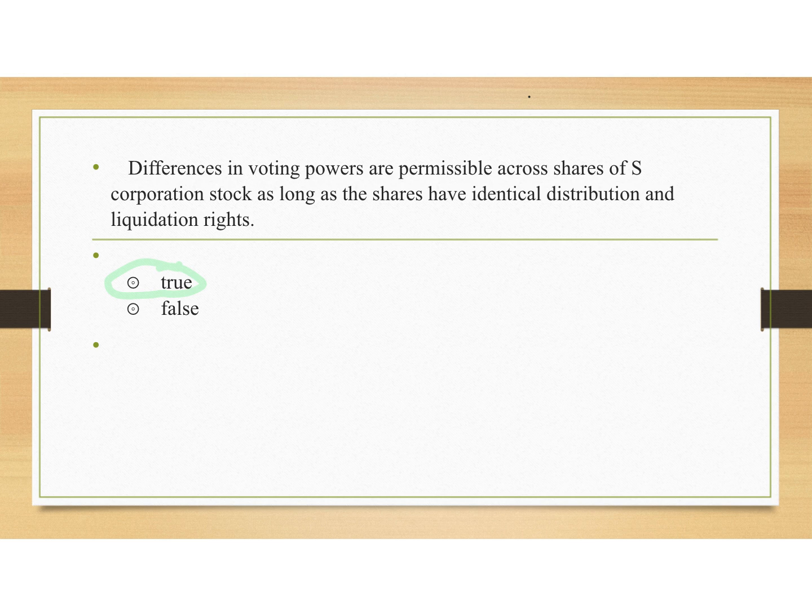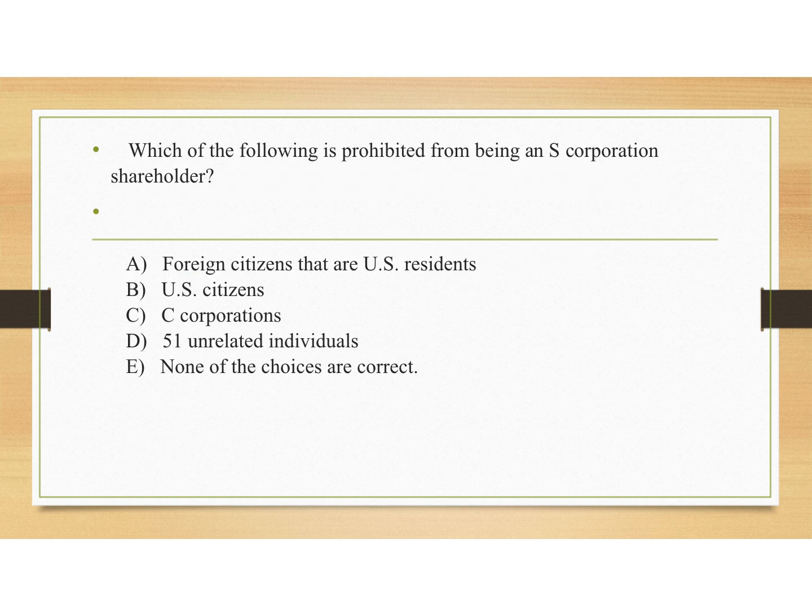So differences in voting powers are okay. Debt instruments, so bonds, do not typically violate the single class of stock requirement, unless they're treated as equities somewhere else. So for an S corporation you can have one class of stock, but you can have different voting powers.